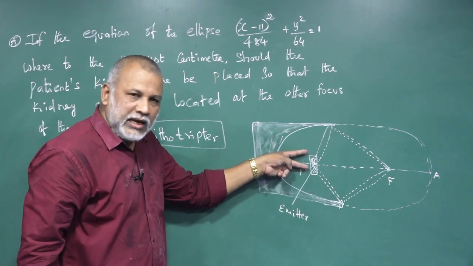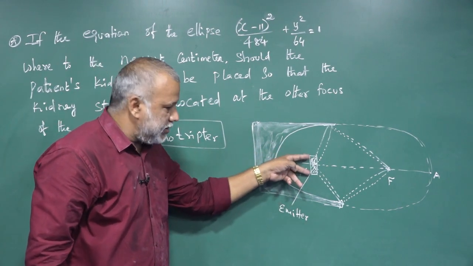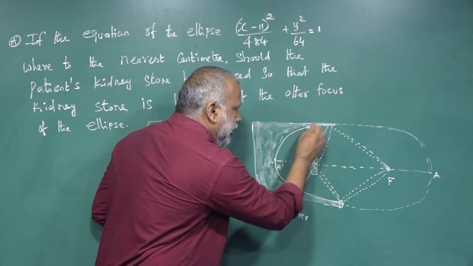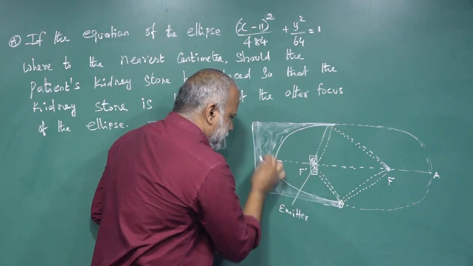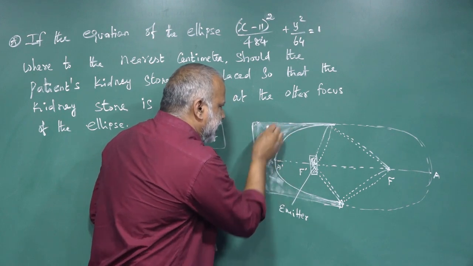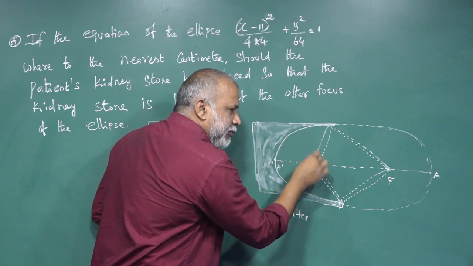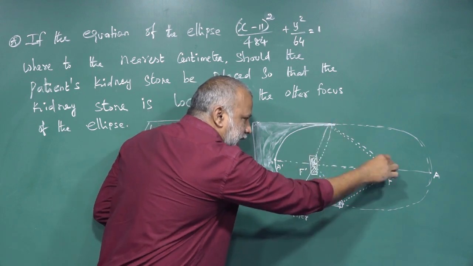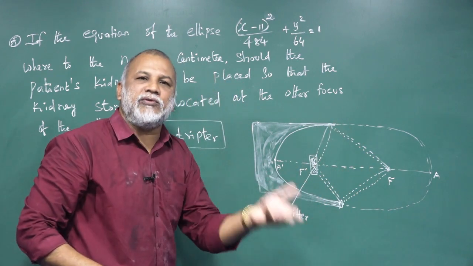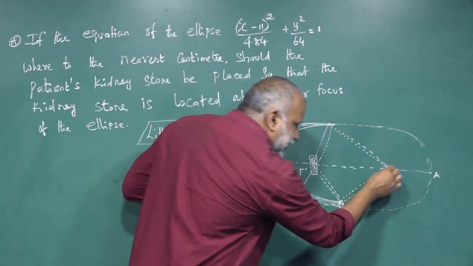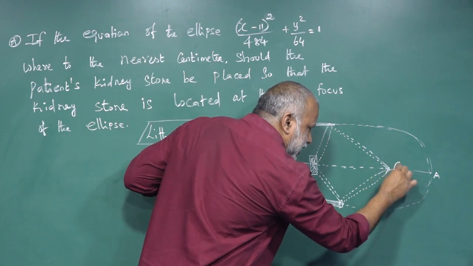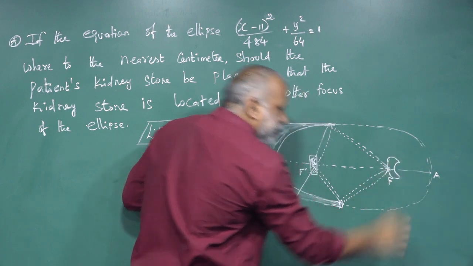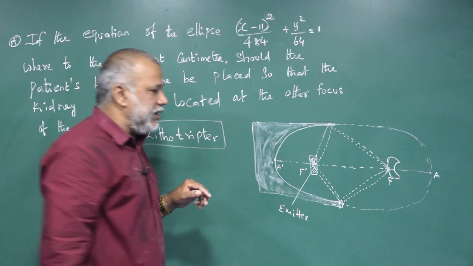See here, a reflector, so that means our sound wave emitter is here. It is an elliptical reflector. After the sound wave is produced here, it is reflected through this ellipse and placed at the other focus. In this other focus, a patient's kidney may be placed.